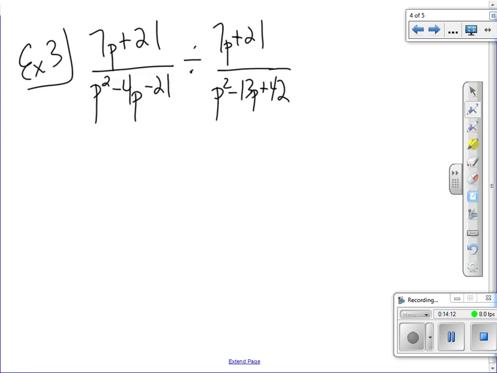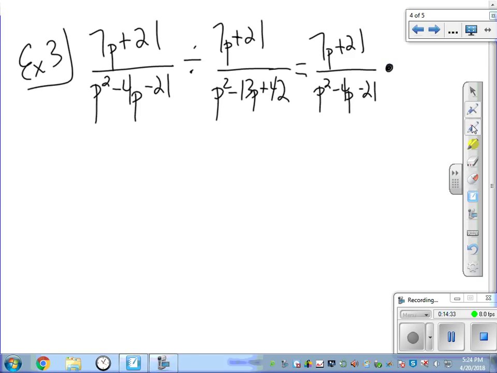Okay, so we copy the first fraction. That's not going to change. It's still going to be 7p plus 21 over p squared minus 4p minus 21. That's the copy part.